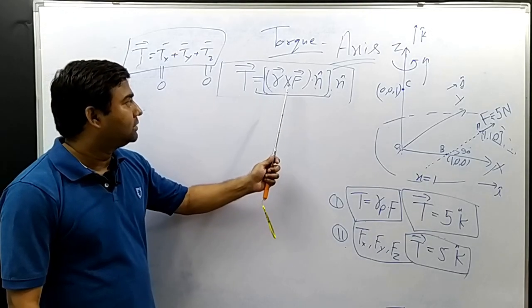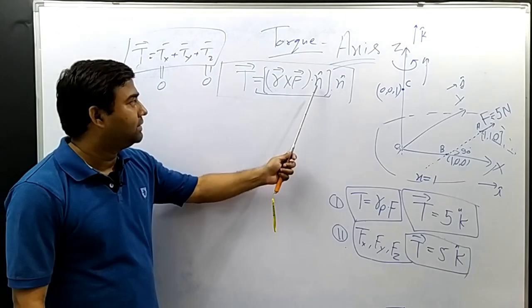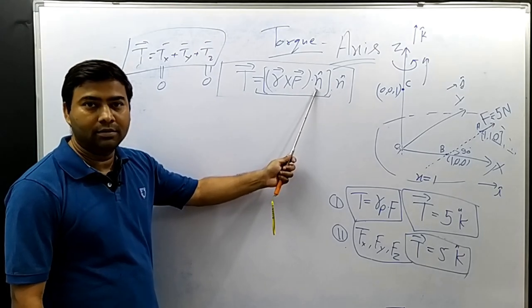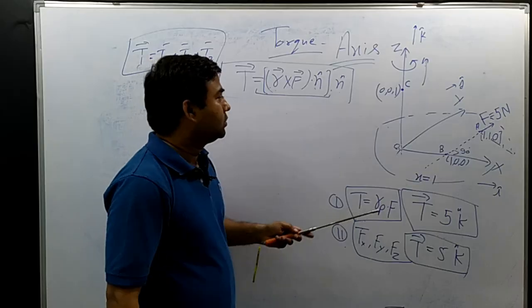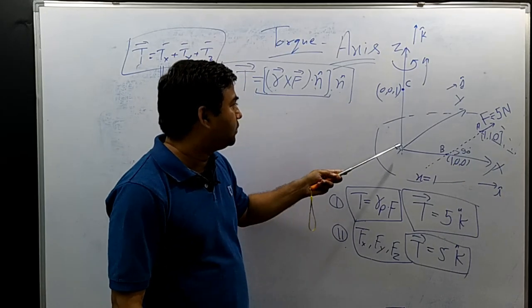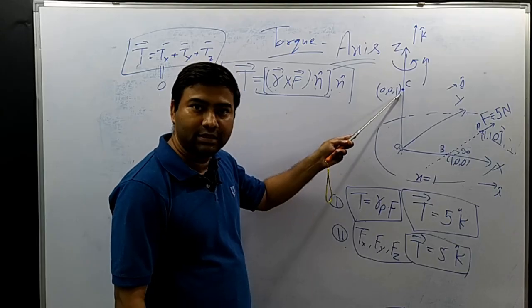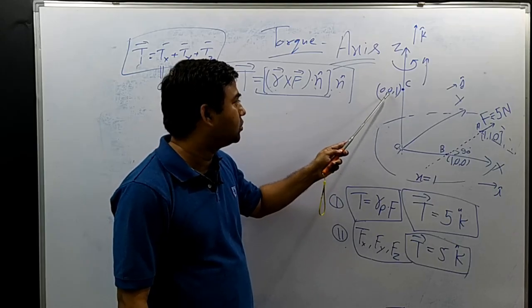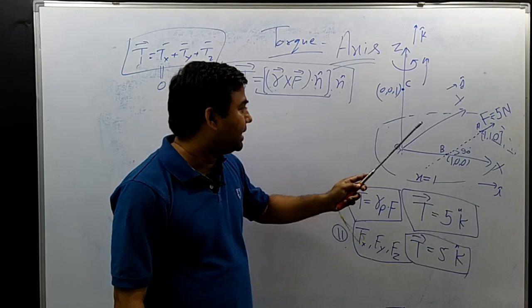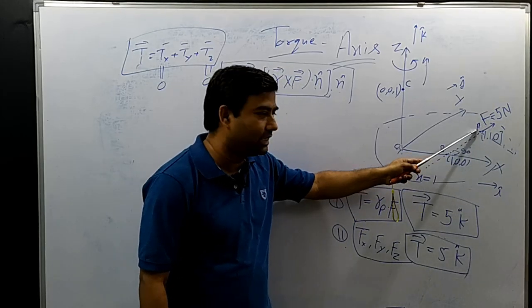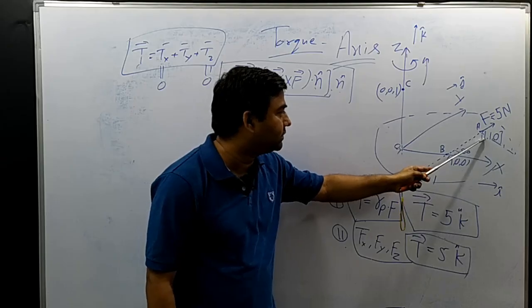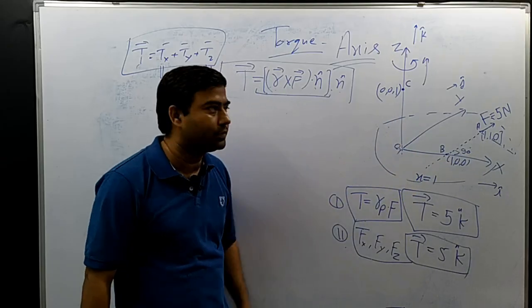We have to find R, we have to find F, we have to find N in terms of I, J, K. So let us take an arbitrary point on the axis of rotation, C, having coordinates 0, 0, 1, and another arbitrary point on the line of action of the force, A, having coordinates 1, 1, 0.